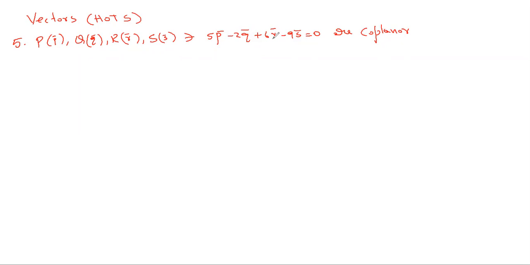But in three-dimensional geometry, the figures are in space. If you take two lines in two-dimensional geometry, either they are intersecting or they are parallel. Either they have 1 point common or infinitely many points common, or no point common, which means that they are parallel.